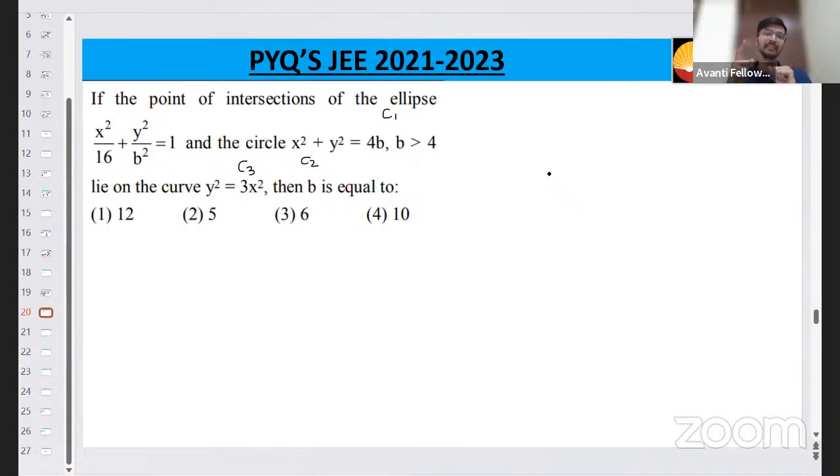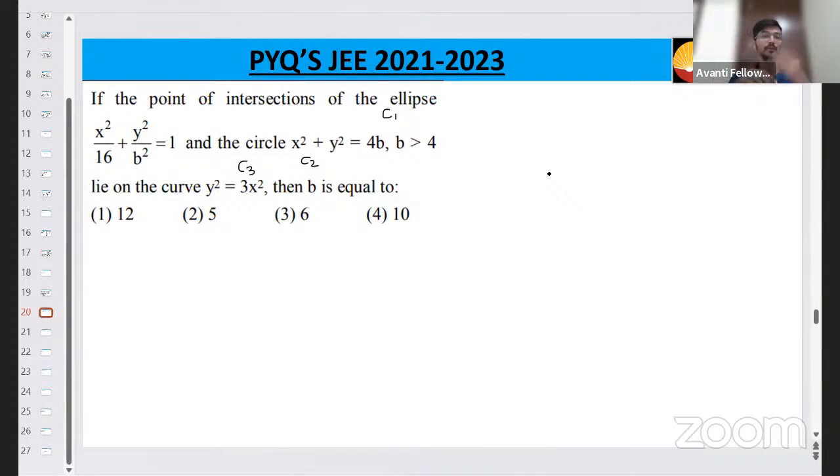That means C1, C2 and C3 intersect at that particular point. Right? And if C1, C2, C3 intersect at that particular point, then I can find that particular point by solving any of the two curves together.